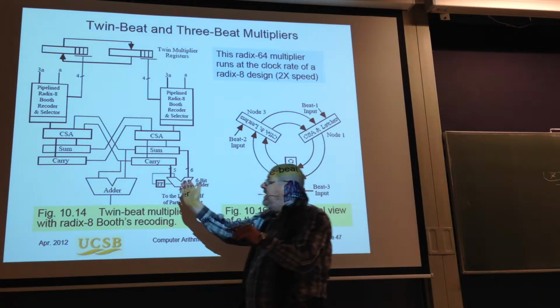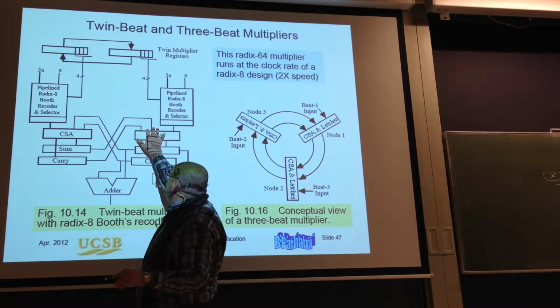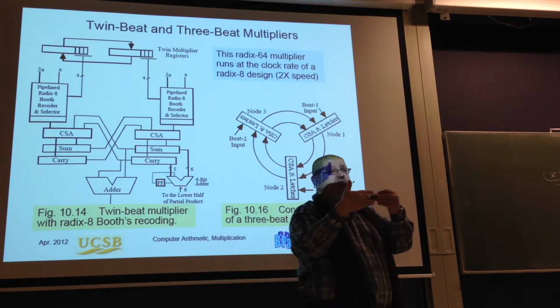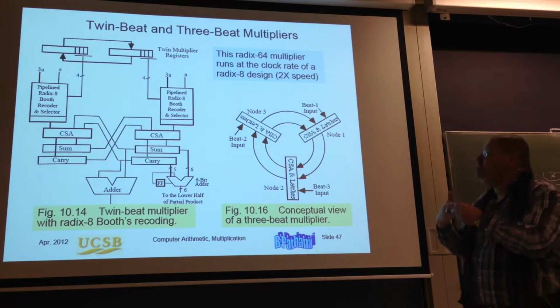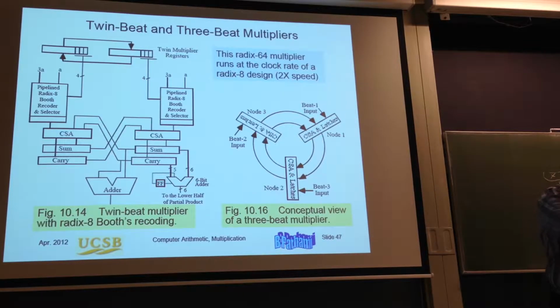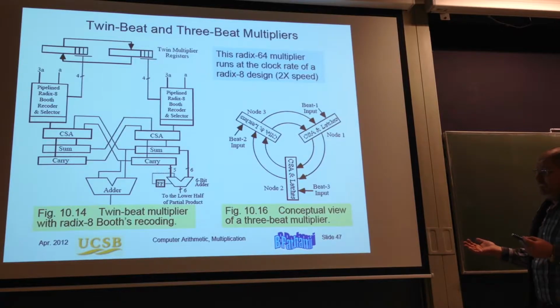Whenever I'm done with the calculation in here, I'm ready for this to proceed. Then there is an overlap between stages. I'm computing as if I had consumed 6 bits at a time, with less hardware and less complexity.